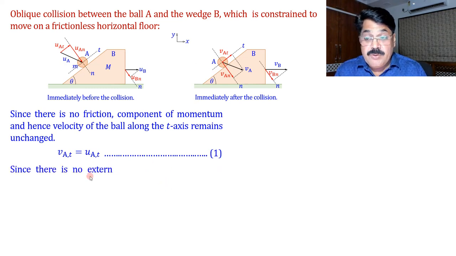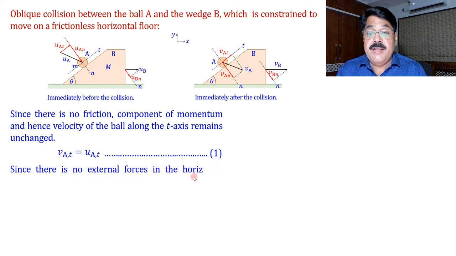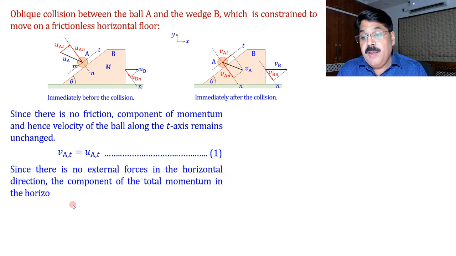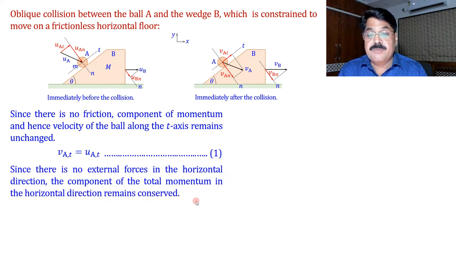Since there are no external forces in the horizontal direction, the horizontal component of the total momentum remains conserved. So what it was before the collision, the same it will be after the collision: M VB plus m Vx is equal to m Ux plus M UB.